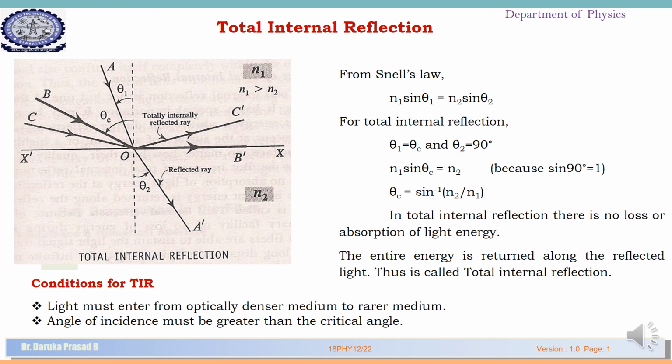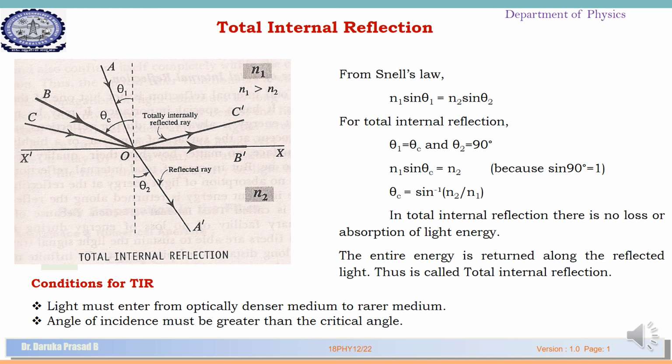So N1 sine theta 1 becomes N1 sine theta c, and if you substitute 90 degrees, sine of 90 is 1. Therefore the right side of this equation becomes simply N2. If you rearrange this equation, sine theta c equals N2 by N1, or theta c equals sine inverse of N2 by N1. This is the expression for the critical angle when light goes from denser to rarer.